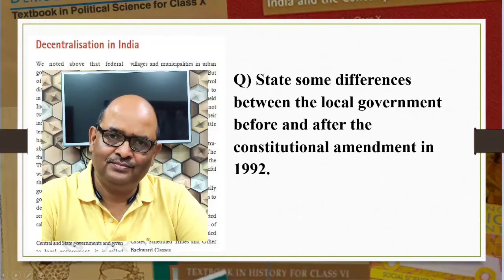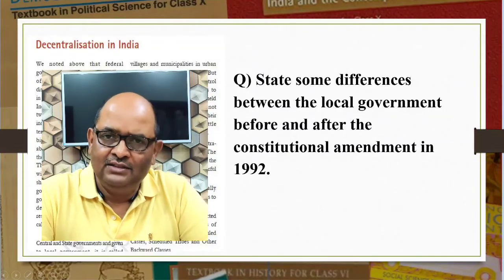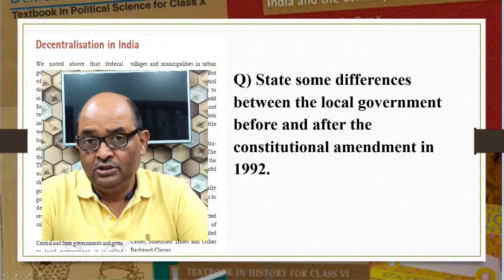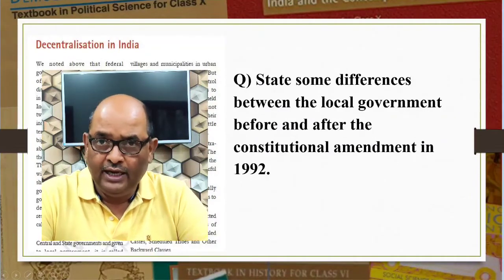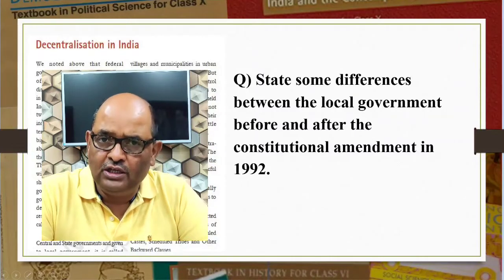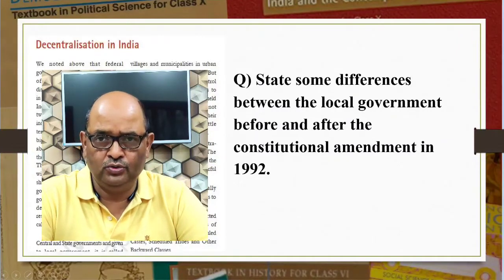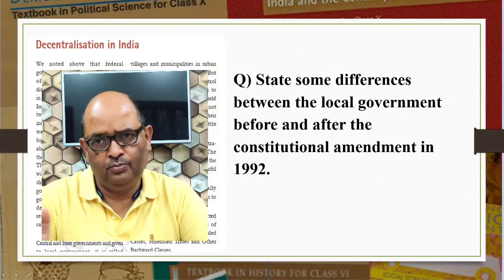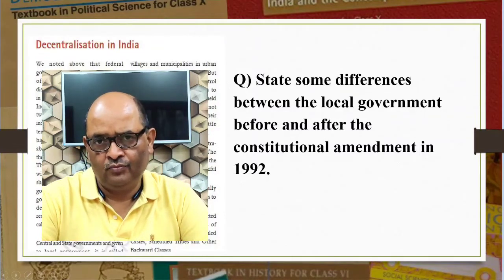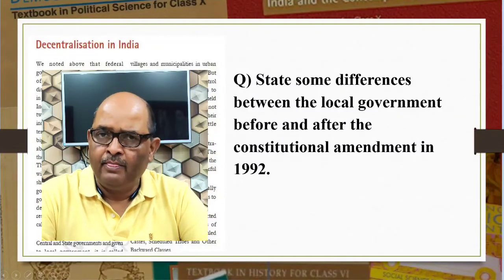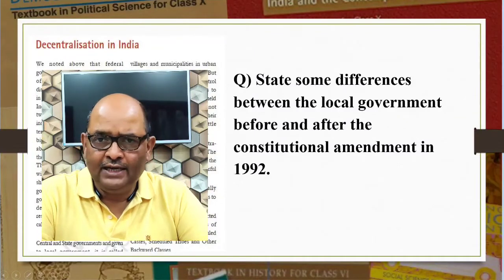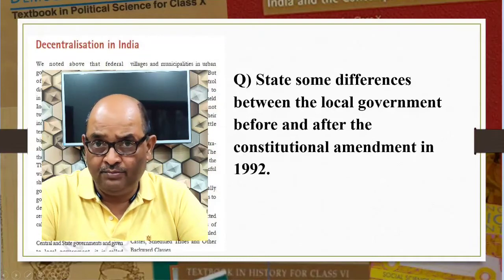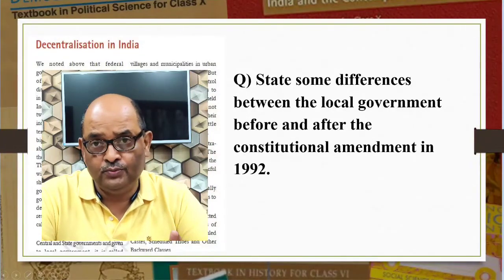Next question. State some differences between the local government before and after the constitutional amendment in 1992. So again make a table pre-1992 and post-1992. First point, the local governments were directly under the controls of state government in pre-1992.